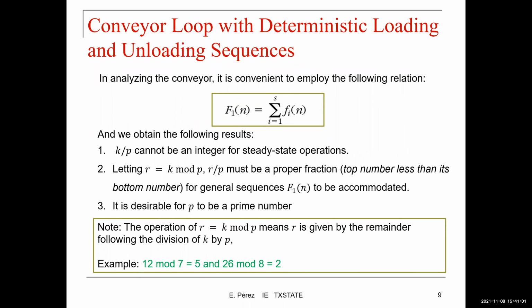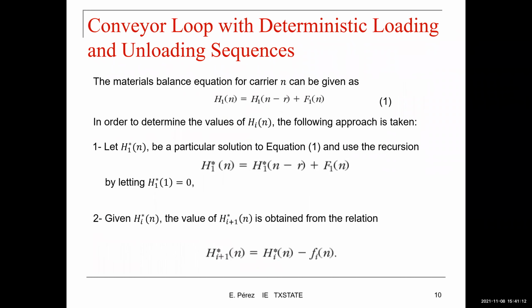And then we also explained what this mod operator was. So we were looking basically at the residual of a division of two numbers. And also we established the material balance equation for carrier N.